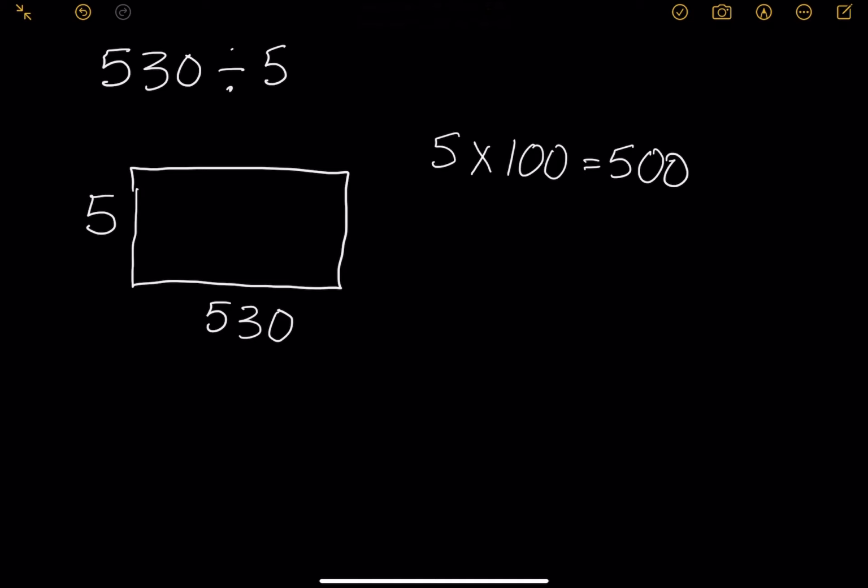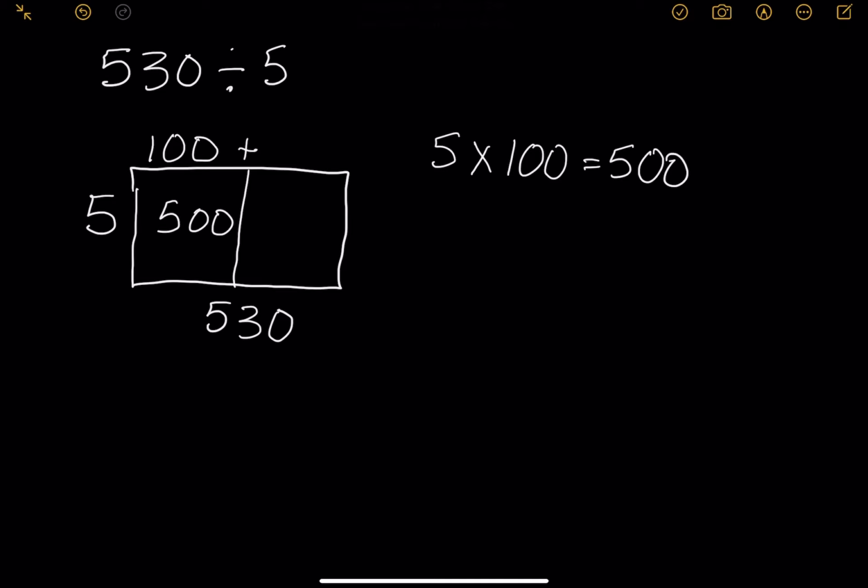So I'm going to put my 100 on top. That's my partial quotient. We'll come back to that later. And then I'm going to make a little box just for that one, all by itself. 5 times 100 is 500. That answer goes inside your box.